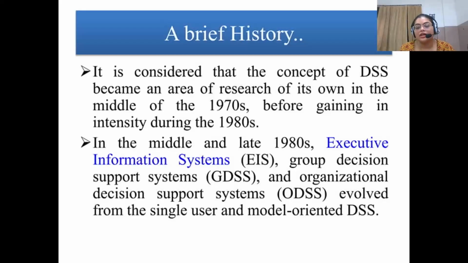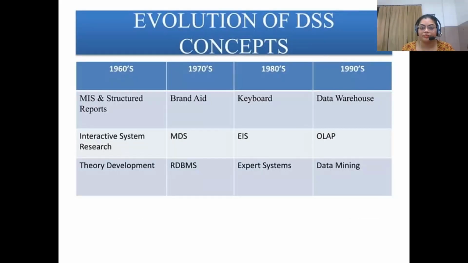So after the 1980s, DSS has some advanced versions, like executive information system, EIS, GDSS, group decision support systems, and ODSS, organizational decision support system, alongside the single user and model oriented DSS. Now we can say this is the evolution of the DSS concept.